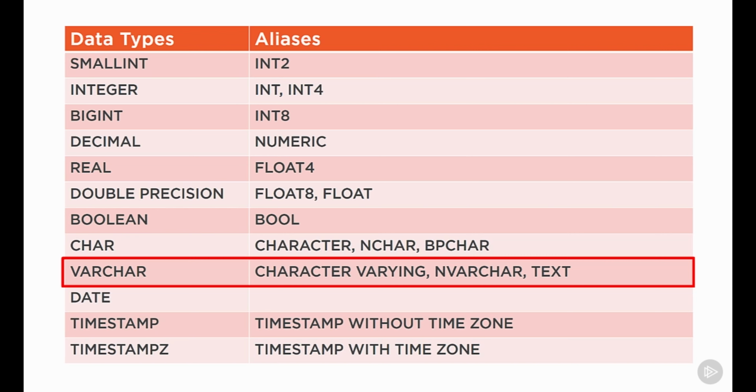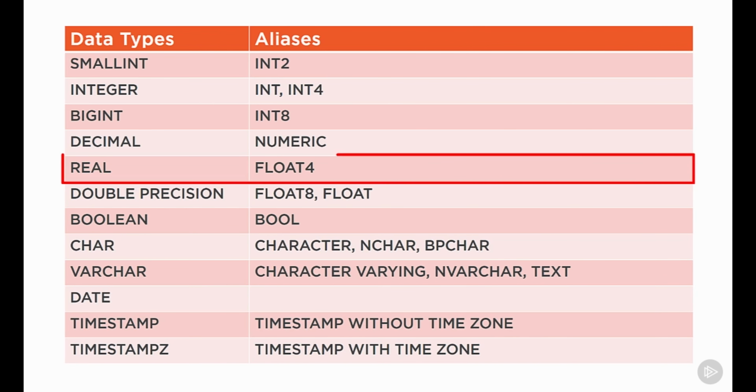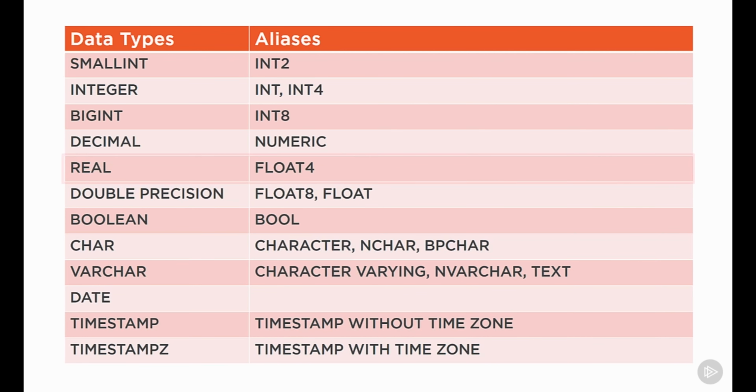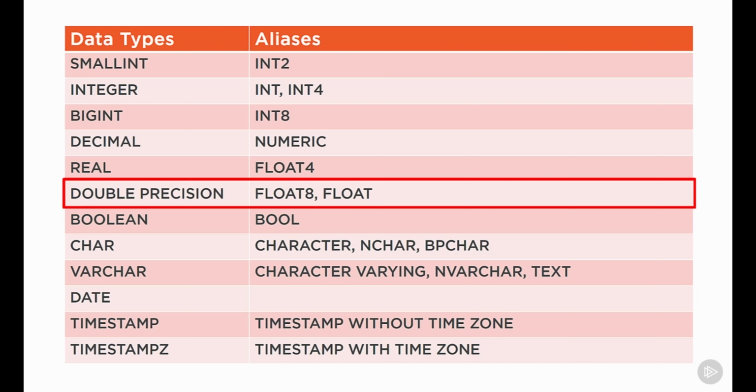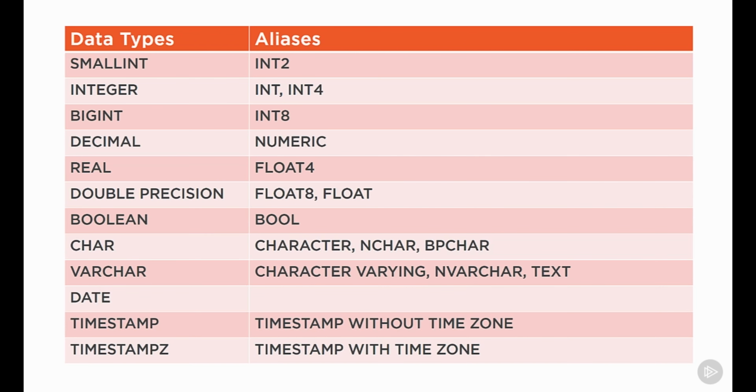As far as Redshift is concerned, they're all the same thing. Another example is a real and a float4. These both mean the same thing. Float8, meanwhile, has the alias of simply float. The online documentation has a really good matrix that shows all available aliases, and there's probably going to be one that you're familiar with if you're not familiar with the default one.